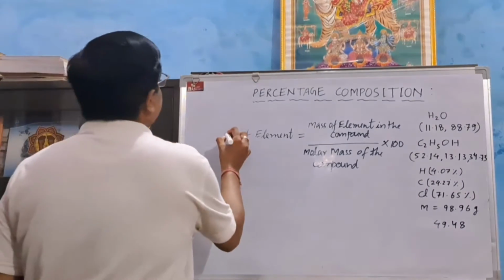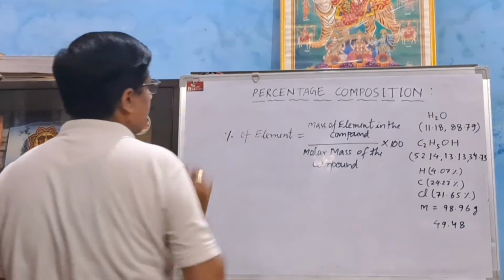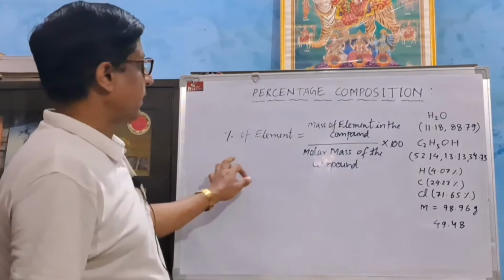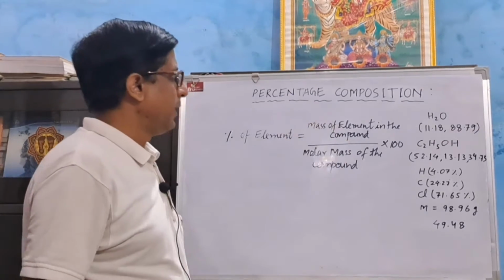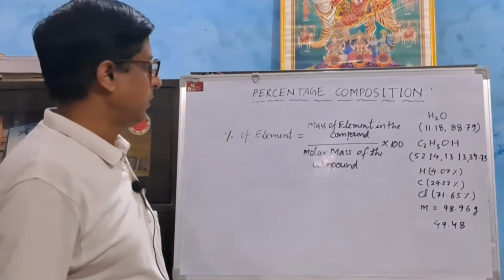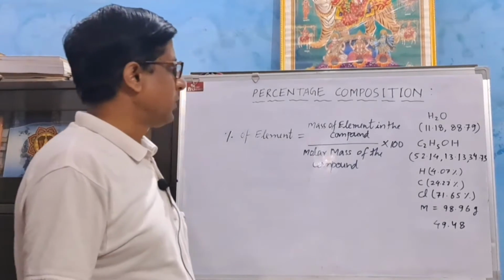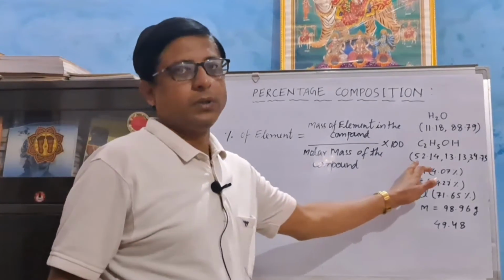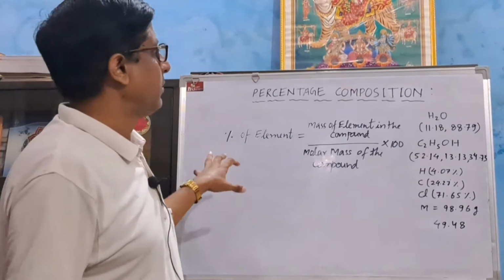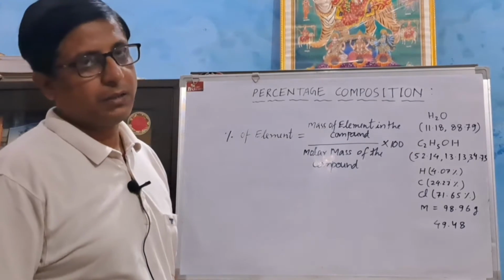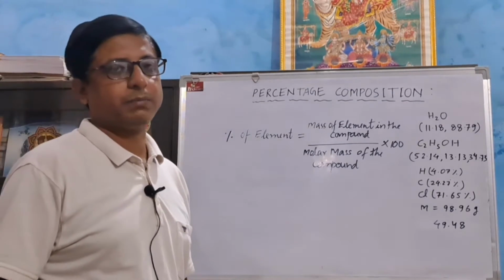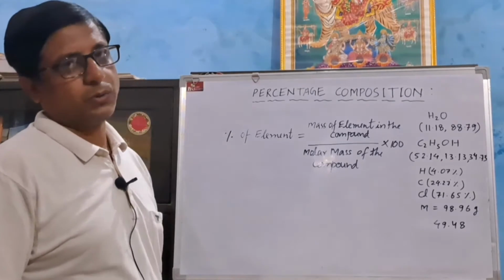So percentage of element is equal to mass of element in the compound divided by molar mass of the compound into 100. By this formula we can determine the percentage of different elements present in a compound.